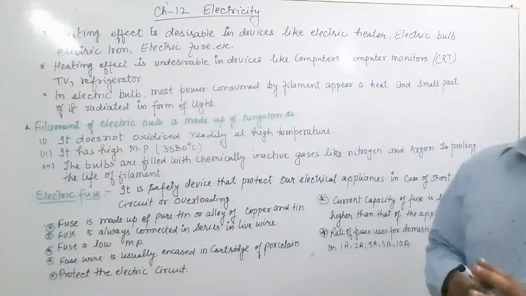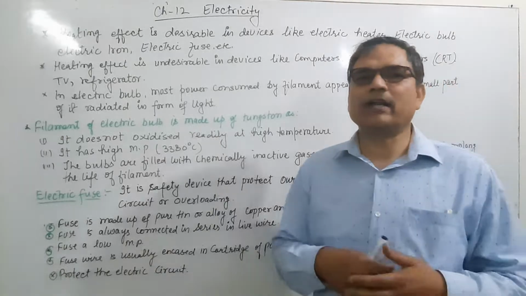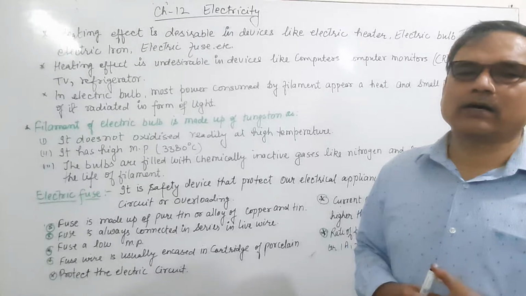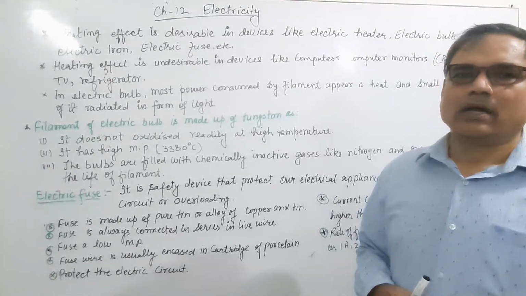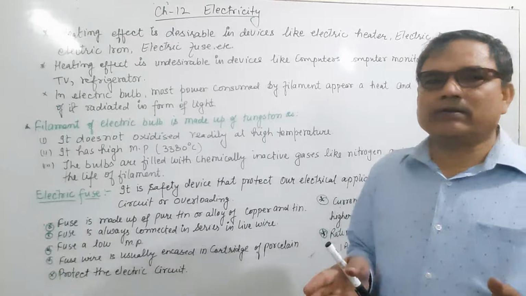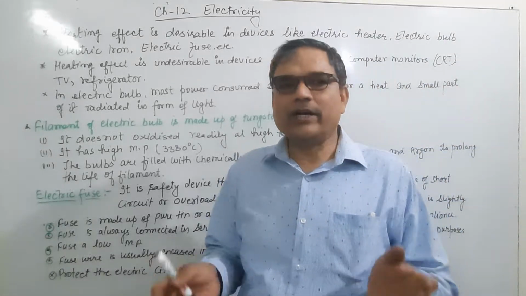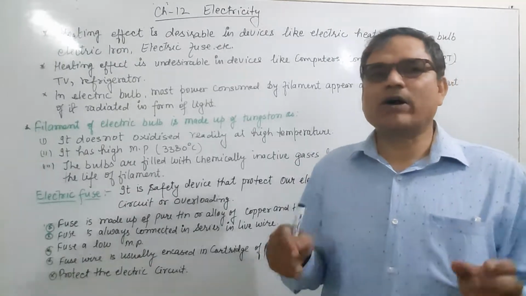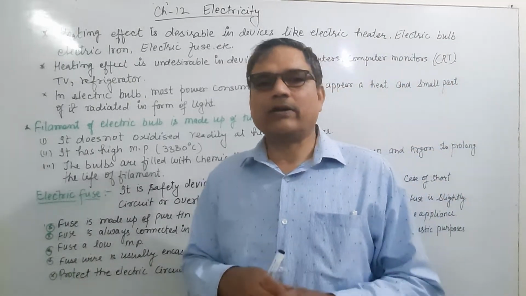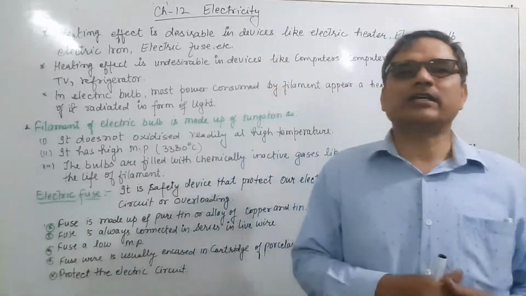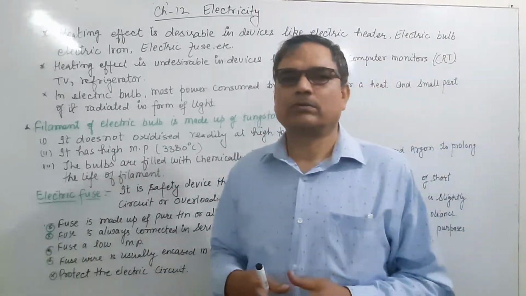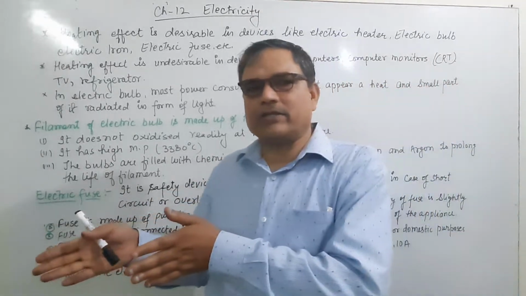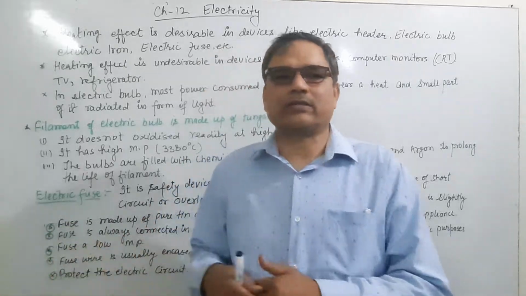And the different appliances which we are using in our daily life, where the heating effect of electric current is applicable, some are desirable, means where heating is necessary and compulsory, and some appliances are undesirable, where heating is not needed and is useless.